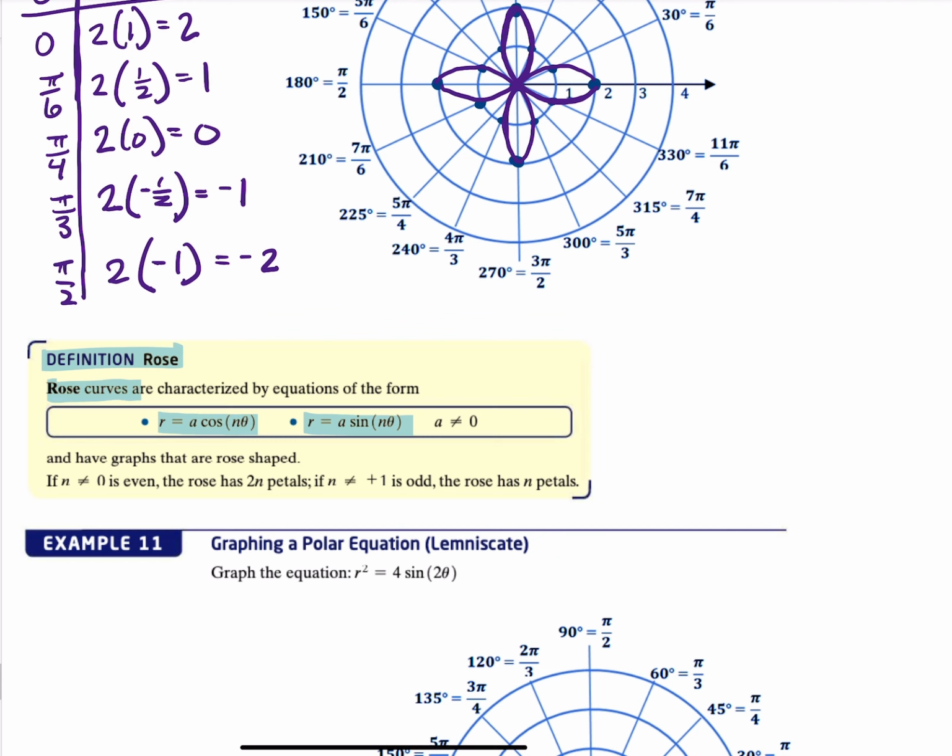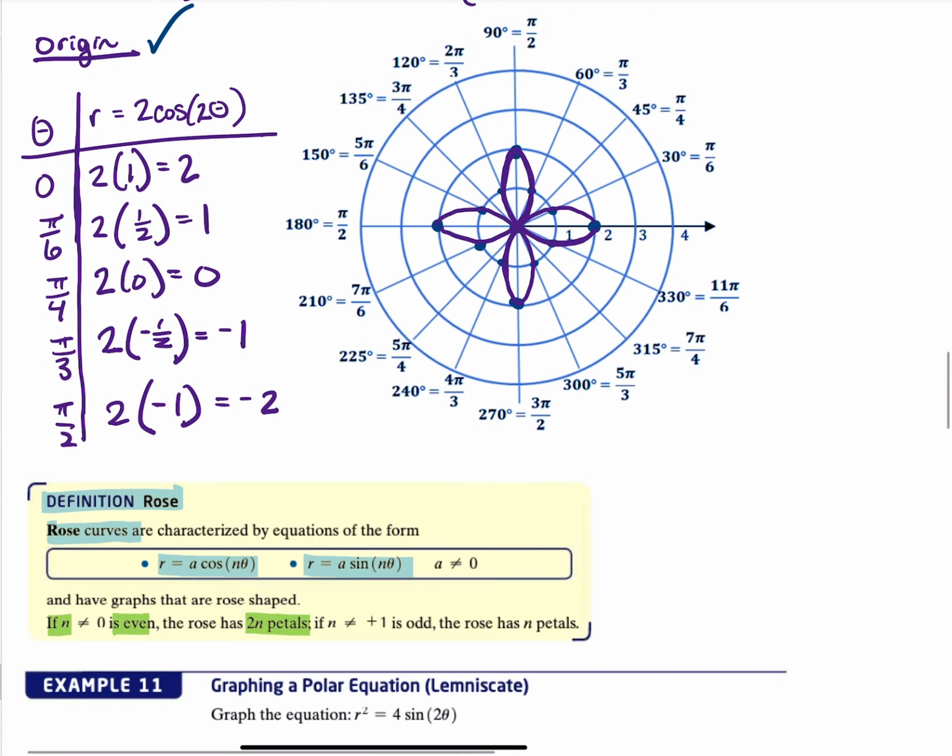So it says if n is even, I'll use a different color here. They specify that n is not equal to 0. But if n is even, then the rose has 2 times n petals.